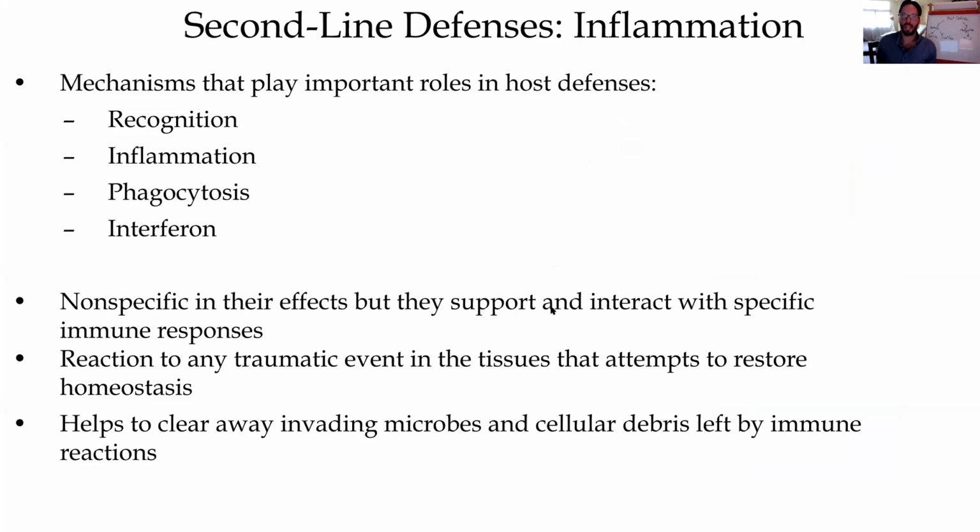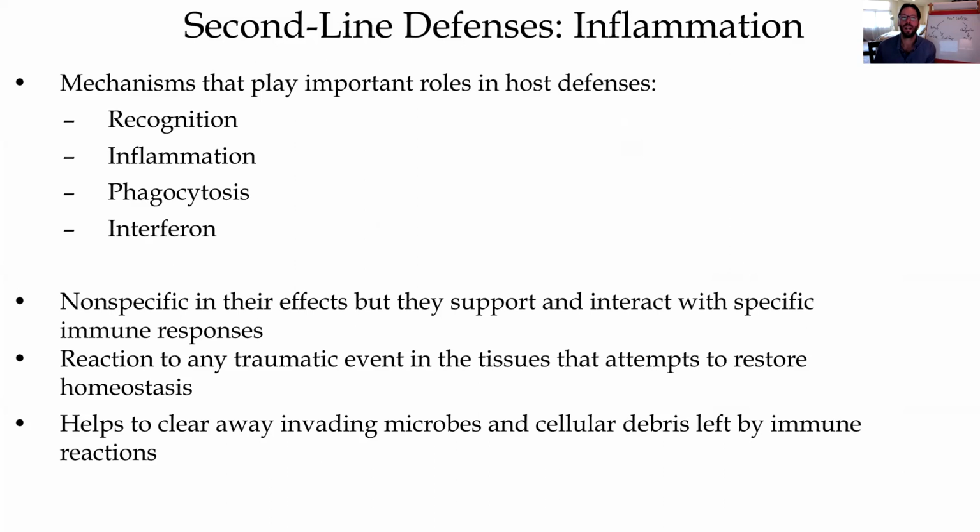So that brings us to the second line of defense. That's going to be the inflammatory response. They have to recognize the pathogen. They have to initiate the inflammation response, and they need to either engulf them or secrete what's called interferon, which is an innate response to a lot of viral infections, particularly. They're non-specific.